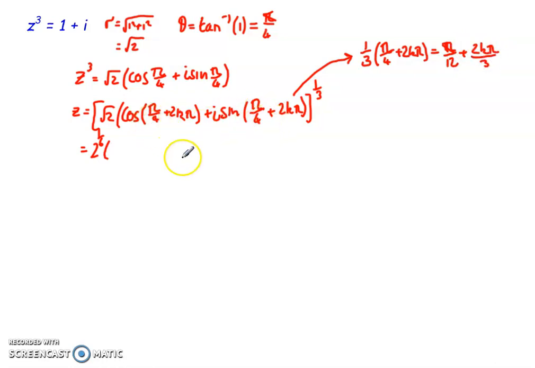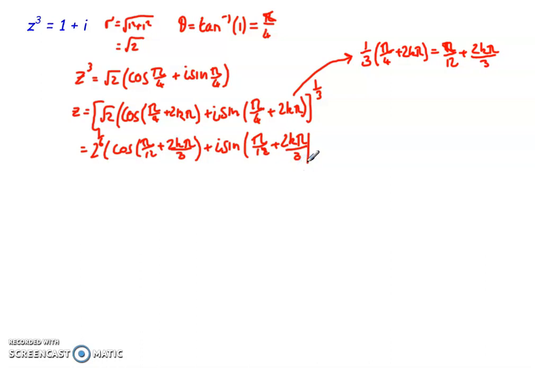So my brackets here for the two parts I can write as cos of pi by 12 plus 2k pi over 3. I've then got plus i sine of the same thing. Pi by 12 plus 2k pi over 3.